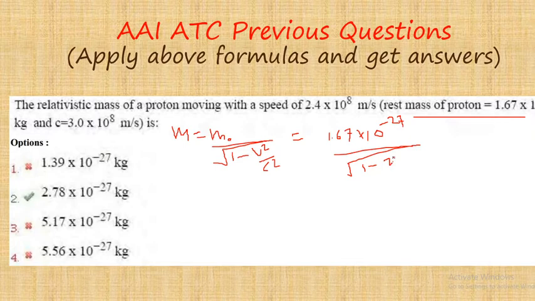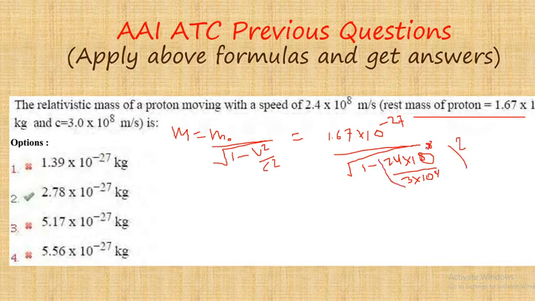So we have V as 2.4 into 10 to the power 8, divided by 3 into 10 to the power 8. This we know is the light velocity. Now whole square, so this is what is in the formula.